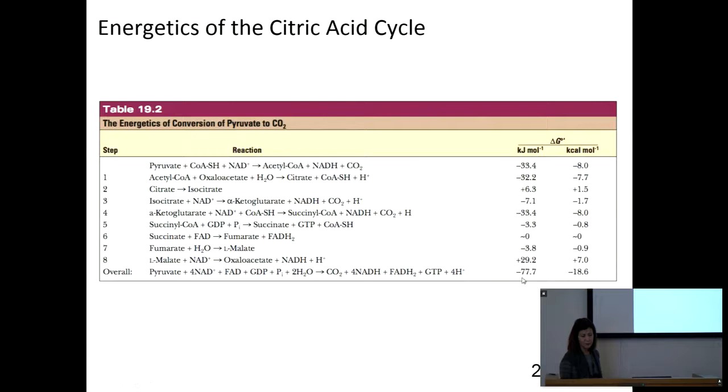Overall, between the pre-citric acid cycle and the citric acid cycle, it is very highly exergonic, very negative delta G. So we're flowing water down a big mountain to get to this step. So what I want to point out to you is that the steps that are under allosteric control have negative delta Gs.